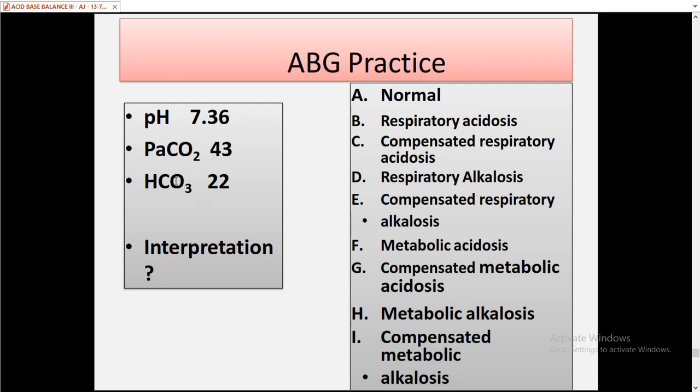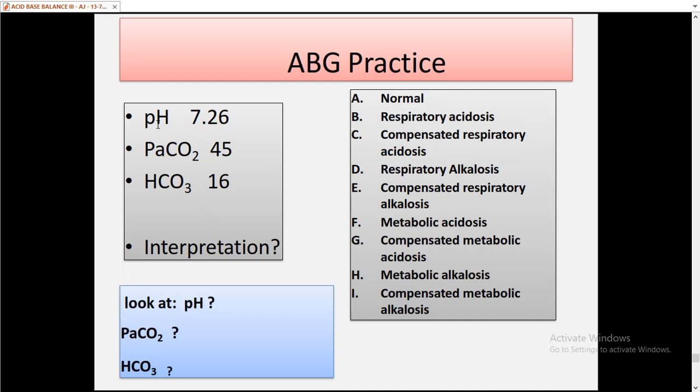If bicarbonate is disturbed, then metabolic problem. If PCO2 is disturbed, then respiratory problem. In this case, the pH is 7.36, PaCO2 is 43, and bicarb is 22. So all three are within their normal range. So this is the case of a normal person. There is no acid base disturbance in this case.